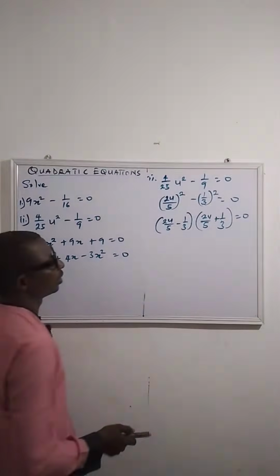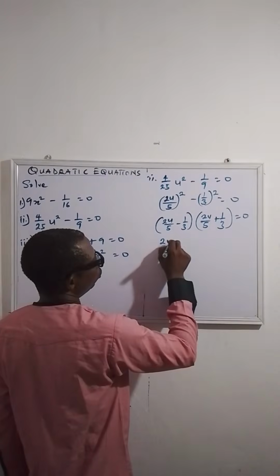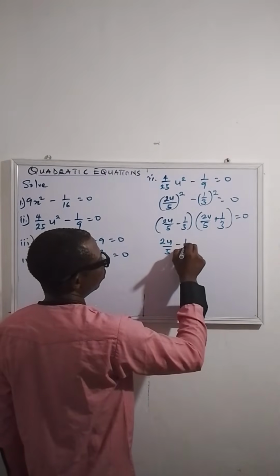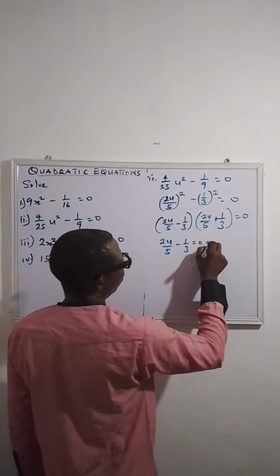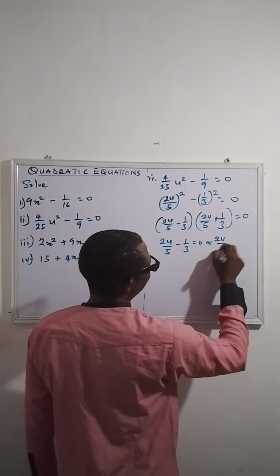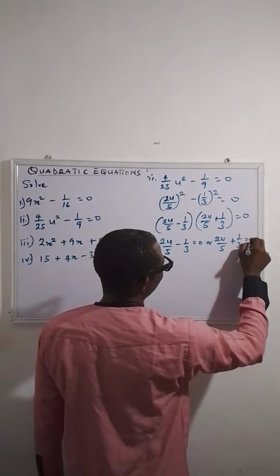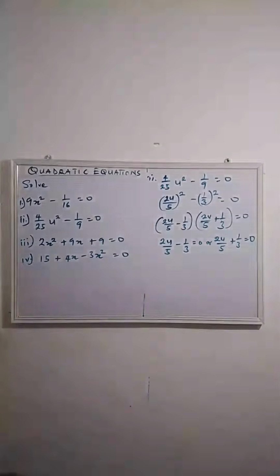So then we can now go ahead and write 2u over 5 minus 1 over 3 equals 0, or 2u over 5 plus 1 over 3 equals 0. I hope you understand that.